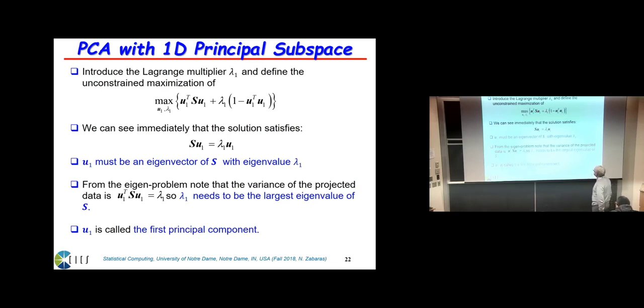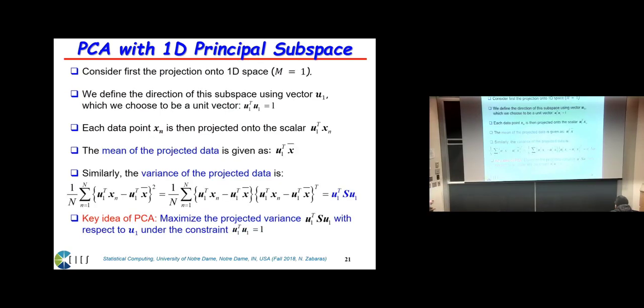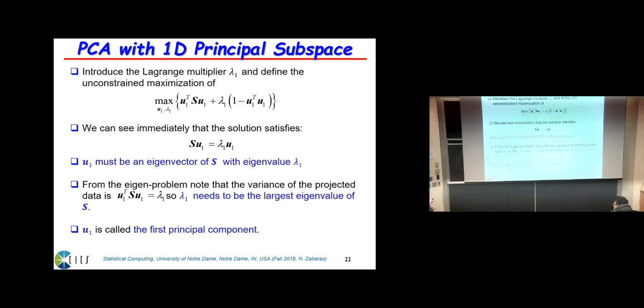It comes out that u1 actually is an eigenvector of the sample covariance matrix S. And you remember the variance of the projected points is u1 transpose S u1, and we want to maximize this. So really, lambda 1 is the variance of the projected points, and we want to maximize that, which means which eigenvalue lambda 1 is going to be? It's going to be the biggest eigenvalue of the sample covariance matrix S. You see that?